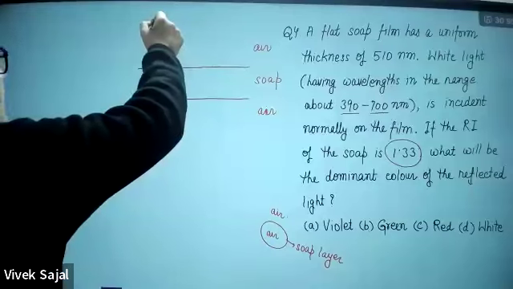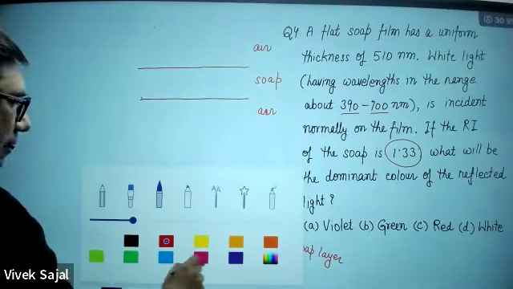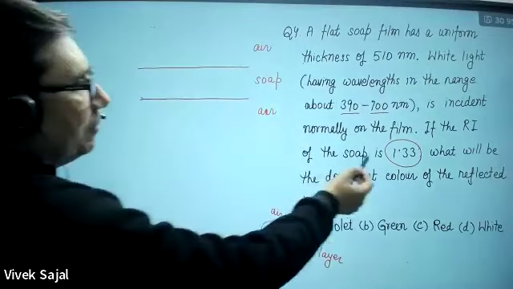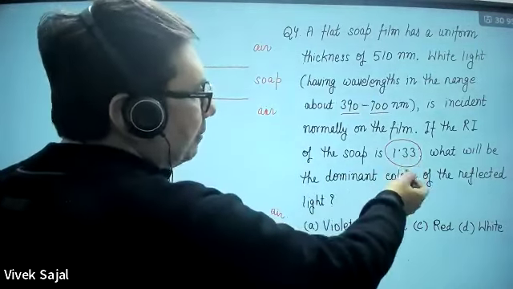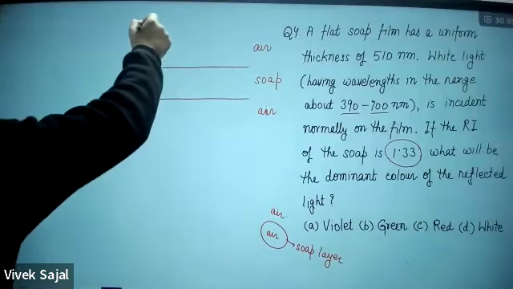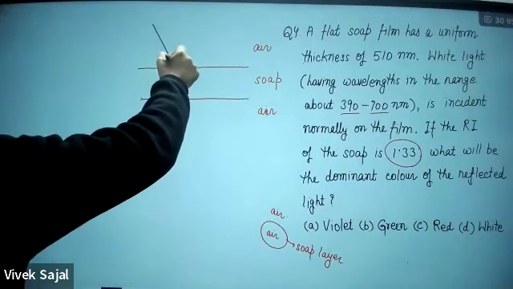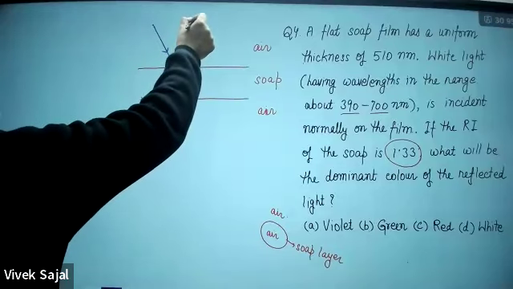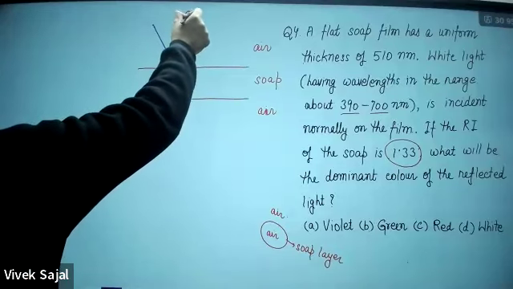So in this case, if you look at reflections, the first reflection, because soap is having 1.33, this refractive index is higher than the refractive index of the air. So the first reflection you can observe here. The first reflection will take place at the denser medium. This is R1.